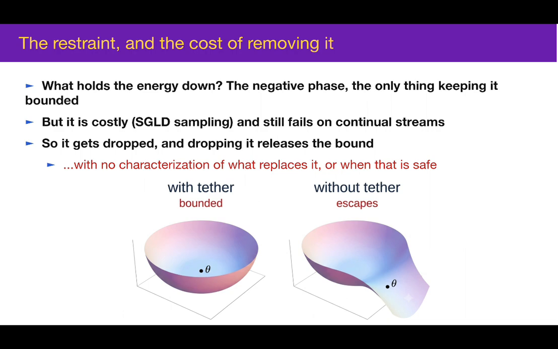If you drop the negative phase, you remove the regularizer, or the wall. So now nothing is holding the energy in check, and also nobody knows what replaces it or when it is even safe to do that. And that right there is the gap of my thesis that I want to fill.